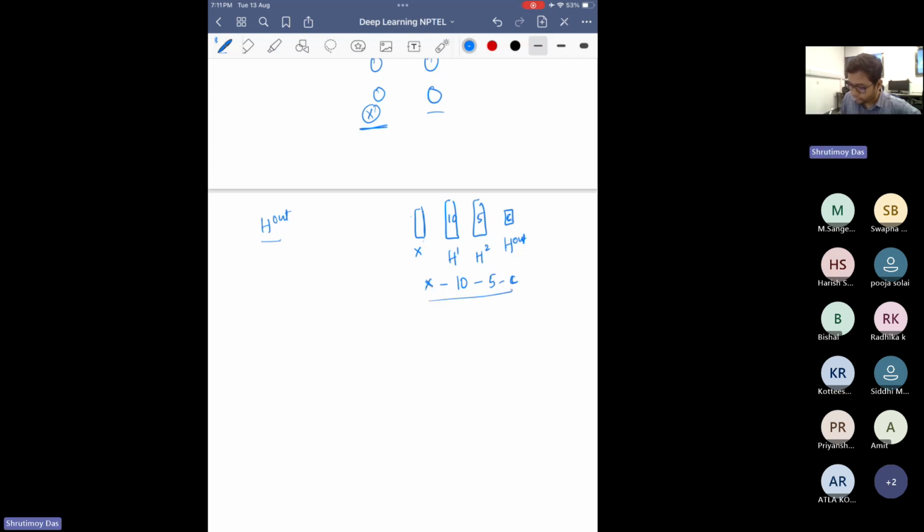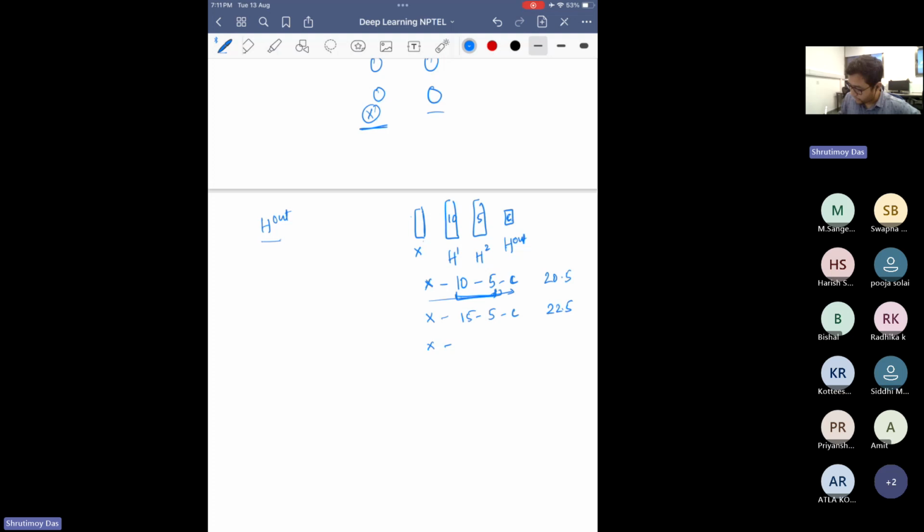I do a feed forward of this network. I train this network using feed forward and back propagation, and suppose I get a loss of say 20.5 in this case. Now I change these two things. Suppose I take 15 and 5 in this case, and I get a loss of say 22.